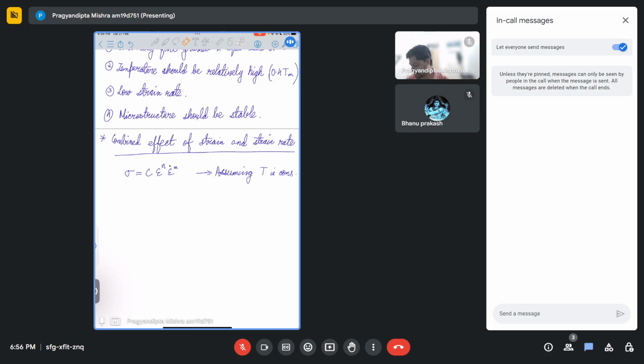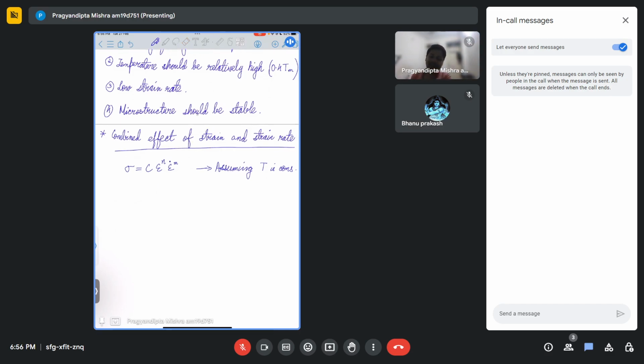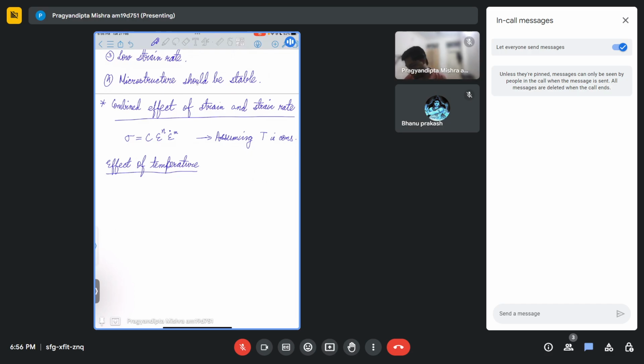Based on this discussion, one final thing we can note is the effect of temperature, how temperature influences your behavior. If you are having higher temperature, what can we expect? Let me draw this graph, stress versus strain.